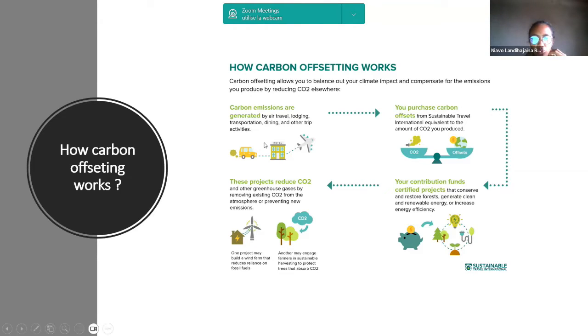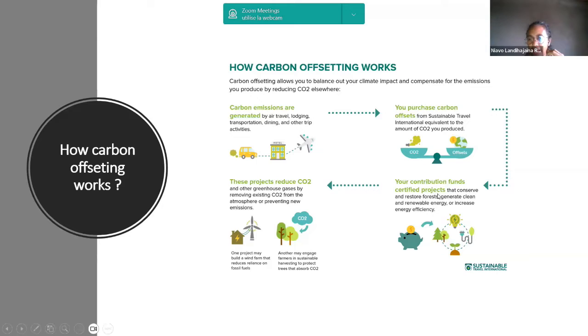To start, there is, for example, a company in the European Union who wants to offset carbon emissions from different activities related to air travel, logging, transportation, dining, and others. This company then will purchase carbon offsets from Sustainable Travel International equivalent to the amount of carbon dioxide it produced.